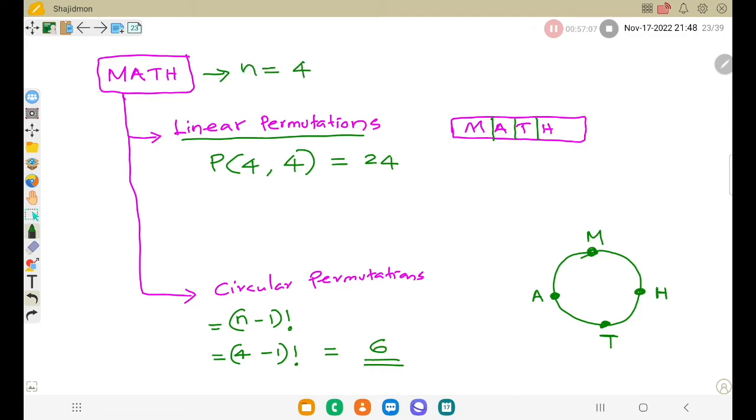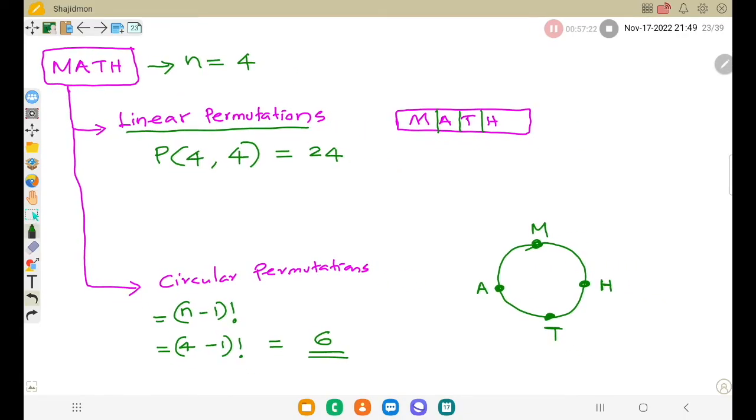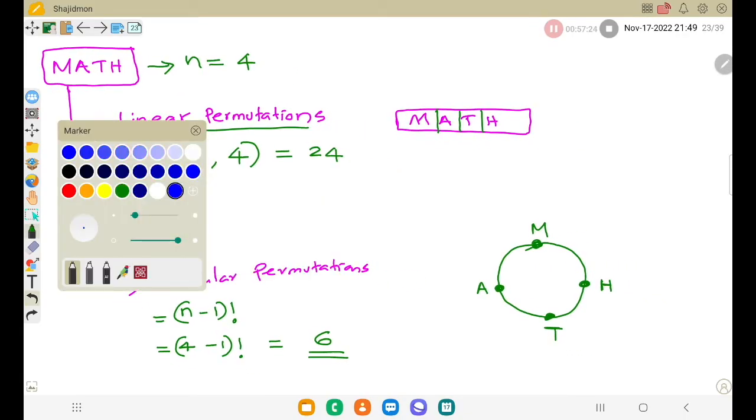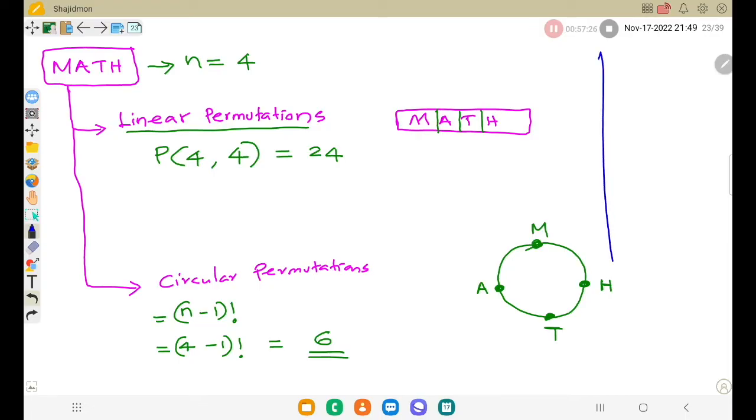So totally we have 4 letters, which means the linear permutations we are getting is 24, but the circular permutations, how many am I getting? Only 6. So what is the relation connecting the circular and the linear permutation? Circular permutations we are getting 6, linear permutations 24, and n is 4.